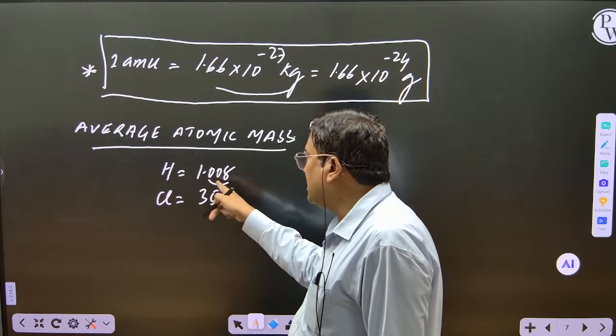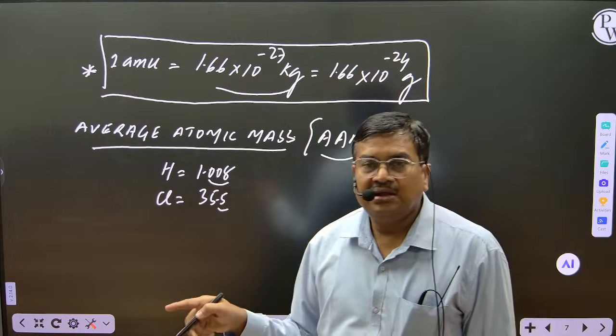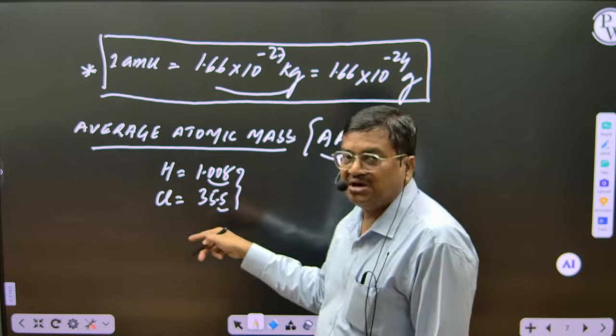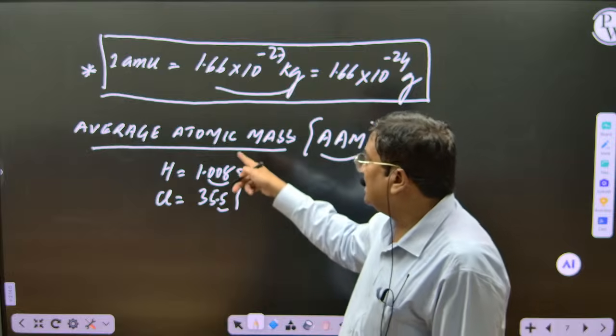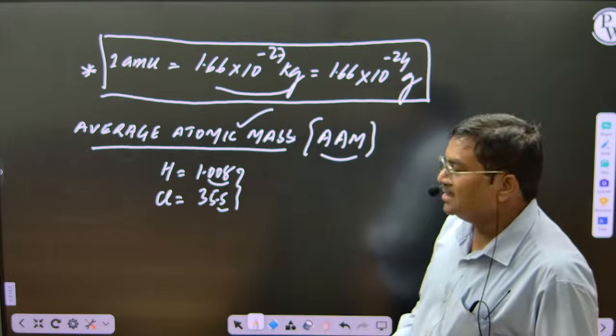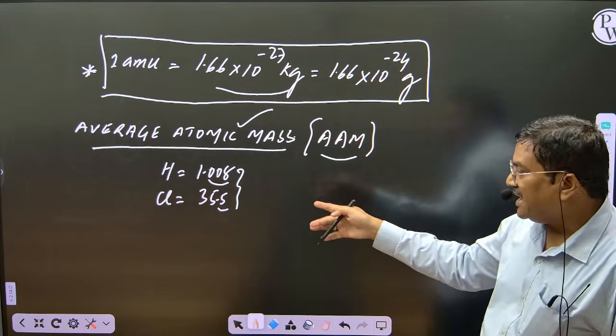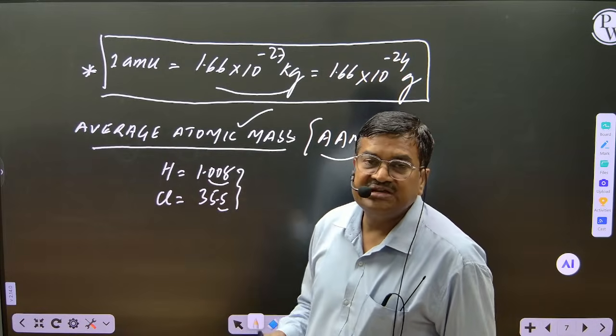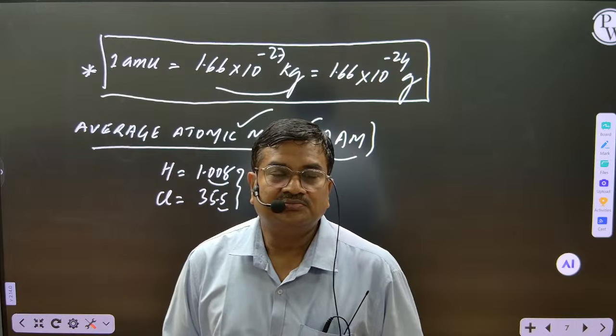The actual mass we take from the periodic table is average atomic mass. Then why do we get such fractions like 35.5 or 1.008? The reason is presence of isotopes.